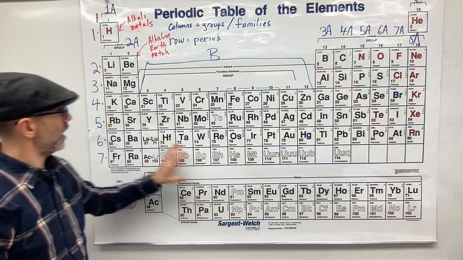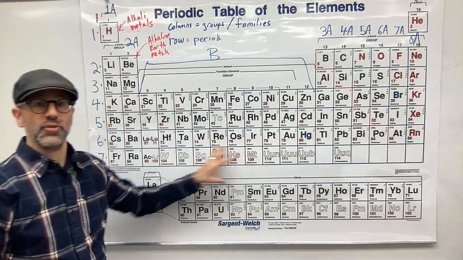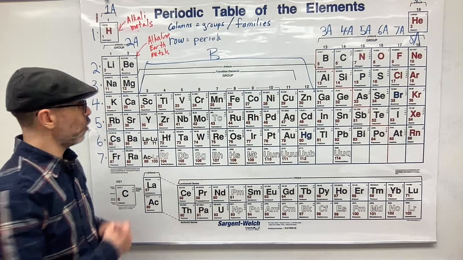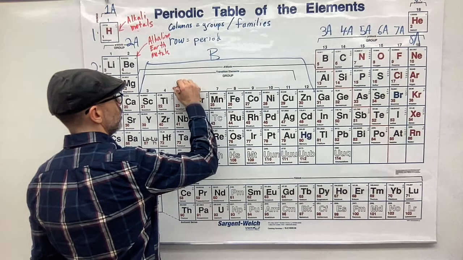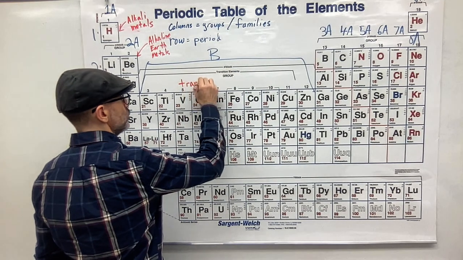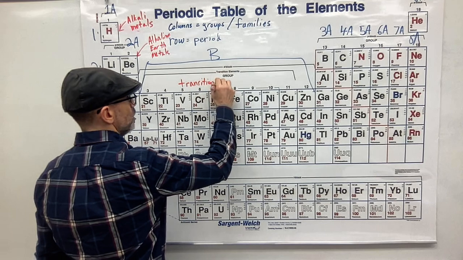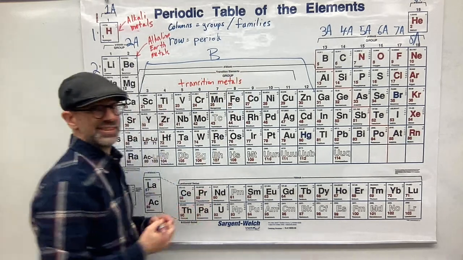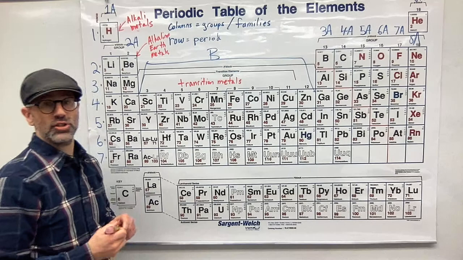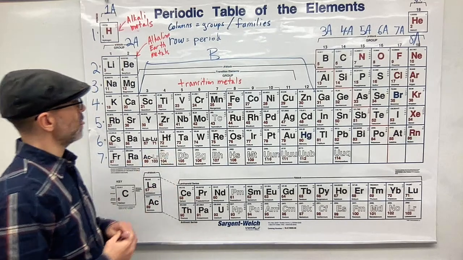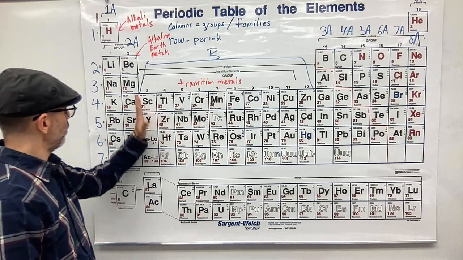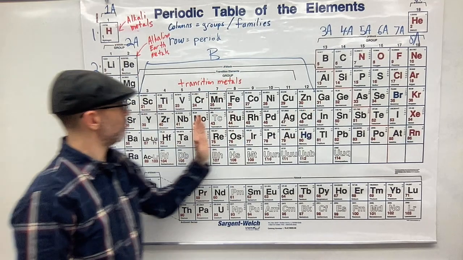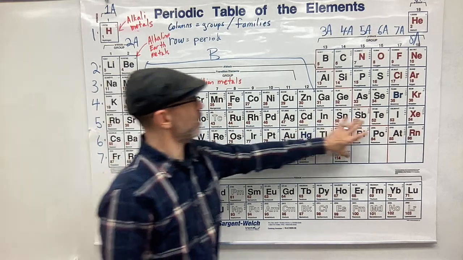These elements here, all of these groups here, the B groups, they go by the name transition metals. Sometimes transition elements. So transition metals, transition elements. And they're in the middle here between these groups here.